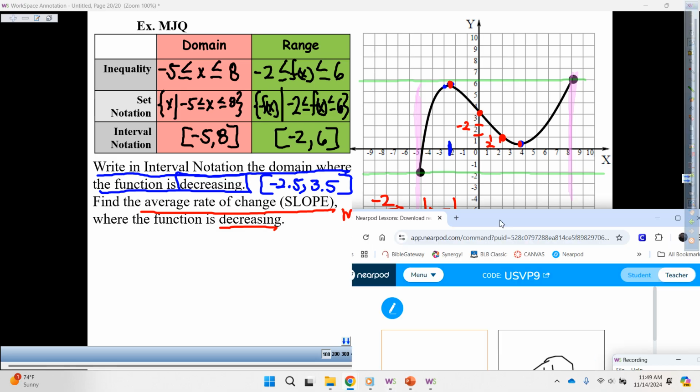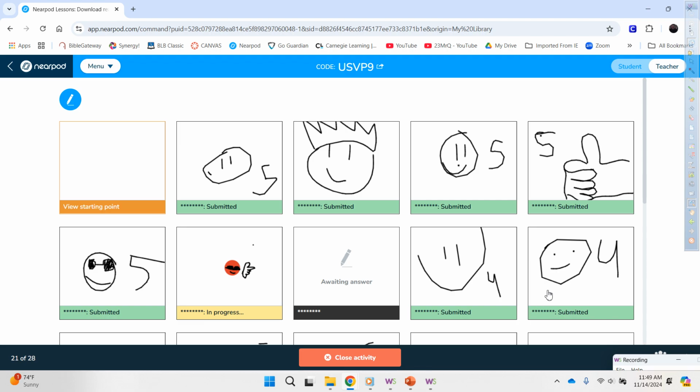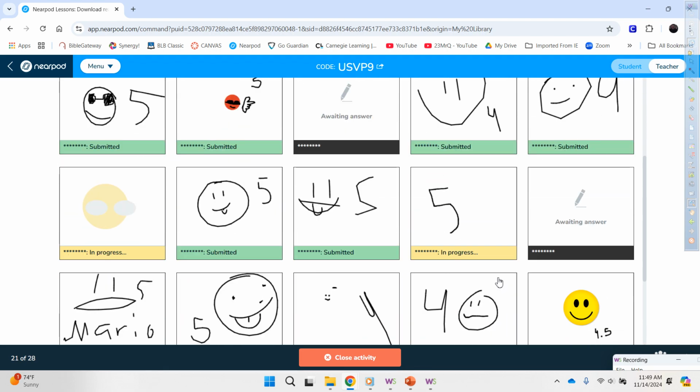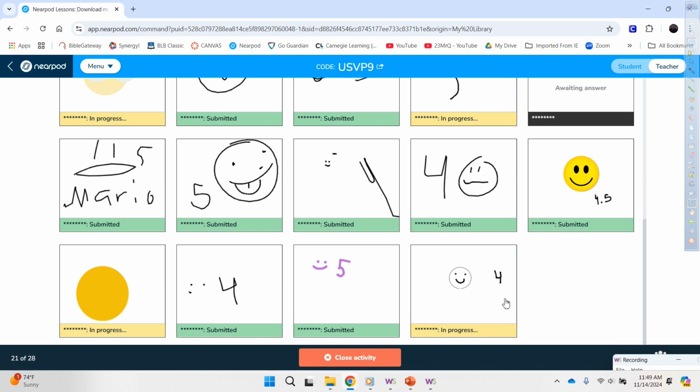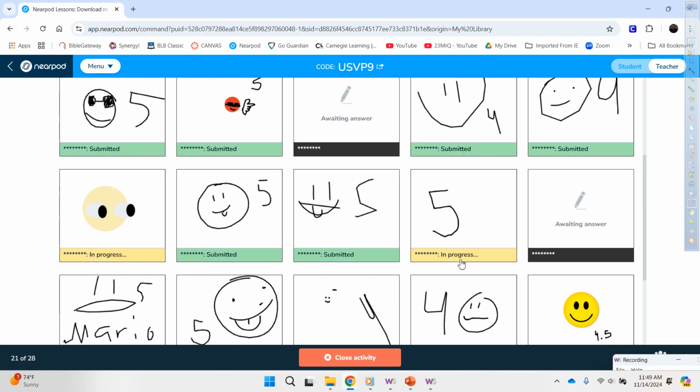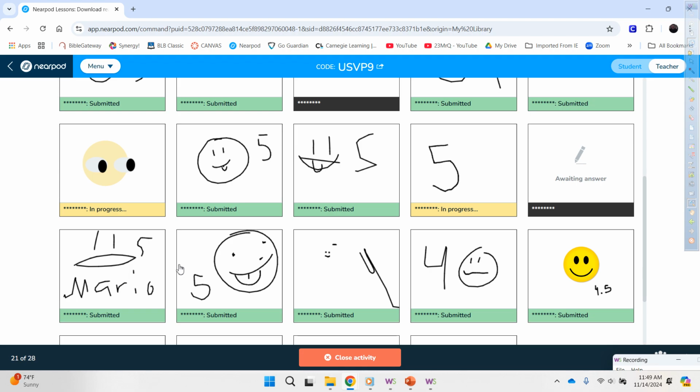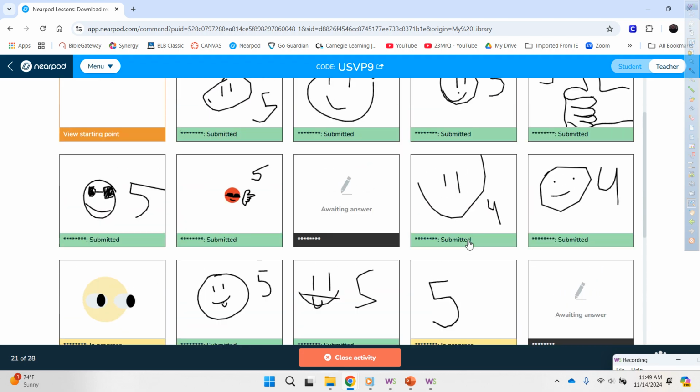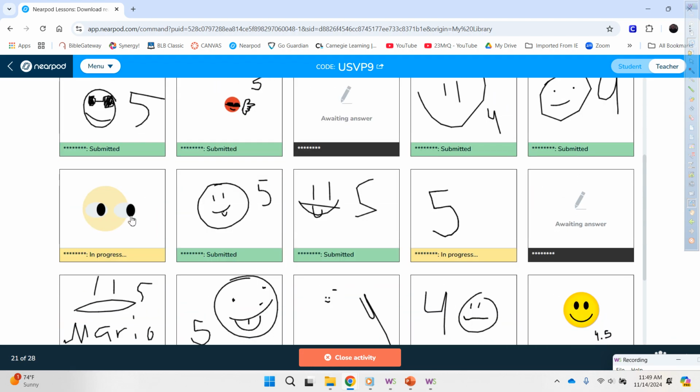All right. Some of you are pretty artistically enlightened, or some of us are a little bit more challenged in that endeavor. Look at this emoji right here. Let's go. My goodness. Mario's right here. Oh. What? Oh, look at this. That's cool.